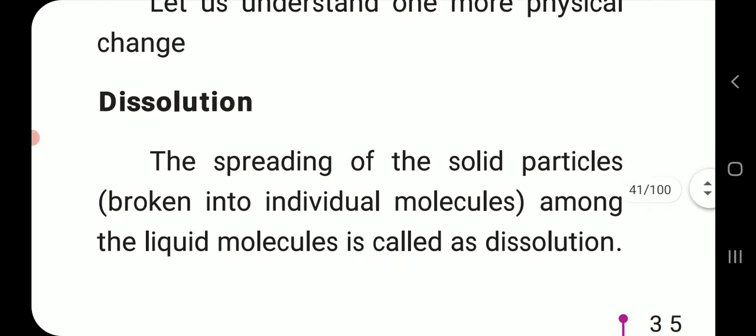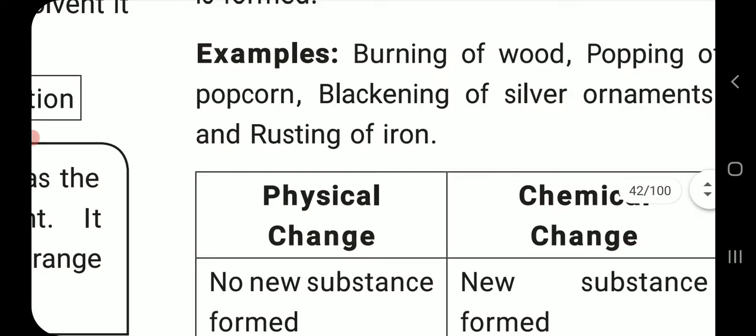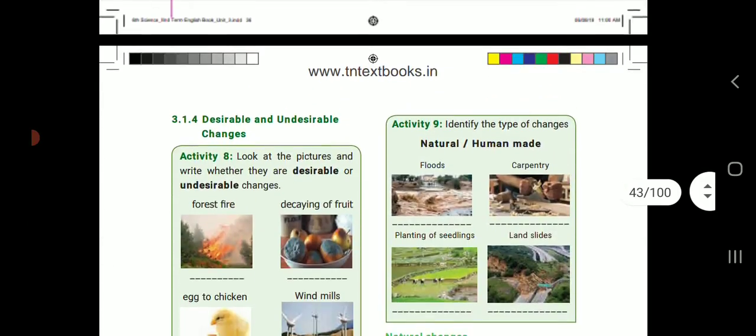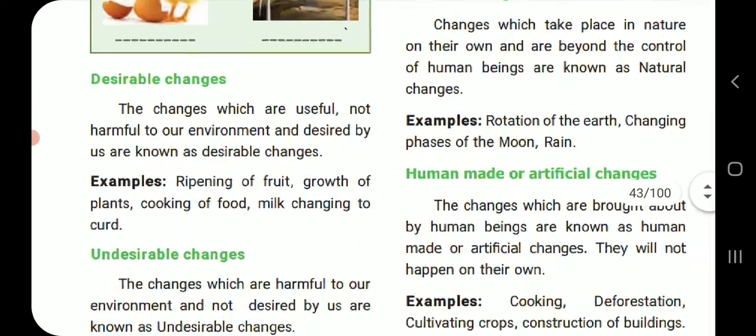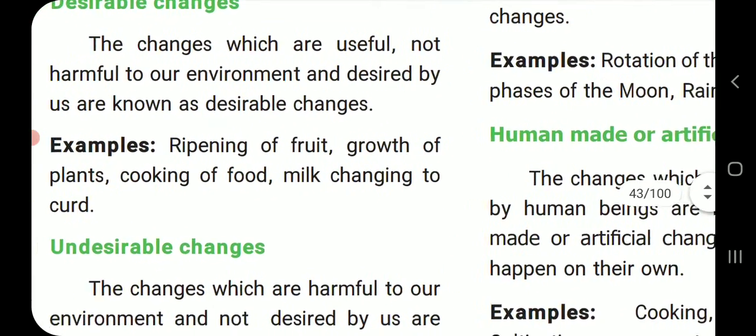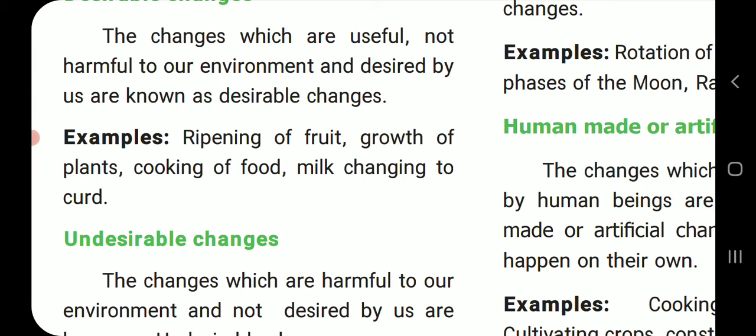Now coming to desirable and undesirable change. In between they have given dissolution, but we'll go to desirable and undesirable change first. Desirable change is the one which is useful and not harmful to our environment. That is, ripening of a fruit, growth of plants, cooking of food, milk changing into curd.